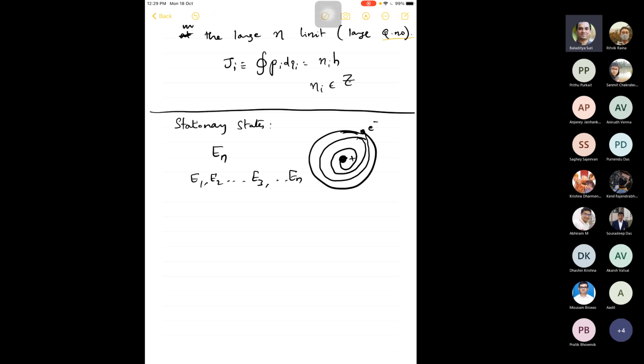Bohr and others, after looking at all these questions, felt: do we really need to come up with some other mechanism for the transition to happen, other than just accepting that these transitions happen? If you want to describe them in terms of the internal dynamics, you can just take the classical picture and say that the orbit size is shrinking or expanding depending on which direction the transition happens.